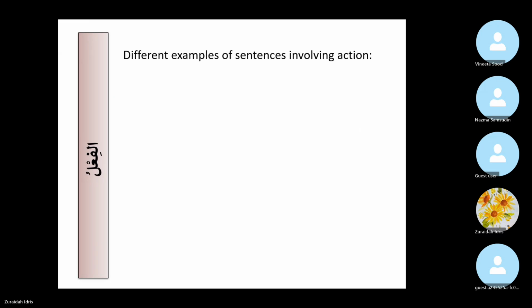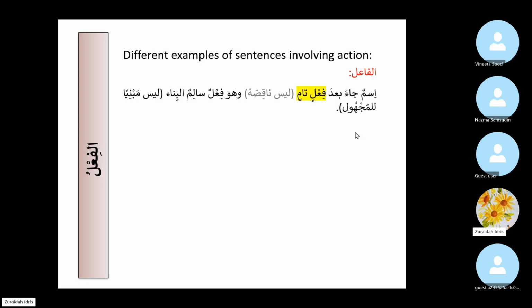We started last week on this first slide, so I'm going to go over it again to show the different examples of sentences where we have action in it, where we have fi'ils. I started off with a definition of the doer, the fa'il. I said it is an isim that comes after what I call a complete fi'il.